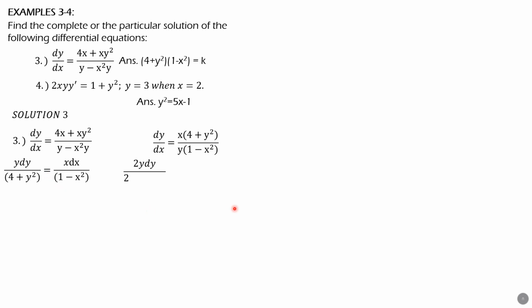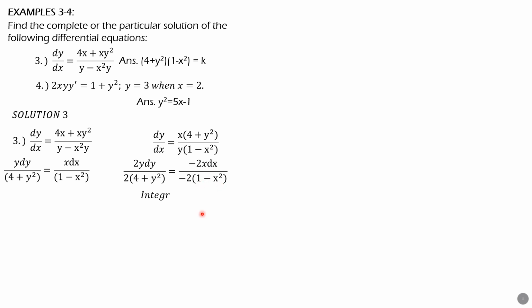So 2y dy over 2 times (4 plus y squared) equals negative 2x dx over negative 2 times (1 minus x squared). This is in the form du over u, so we just introduce 1/2 of du over u, and this is equal to negative 1/2 of dv over v.